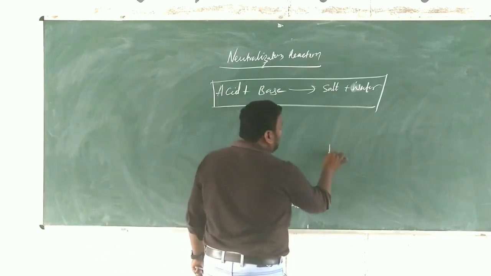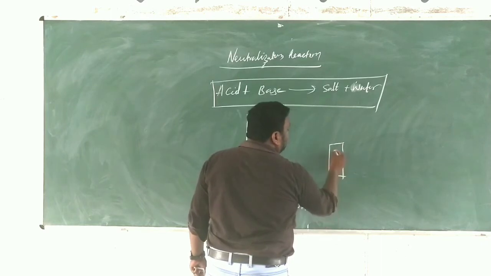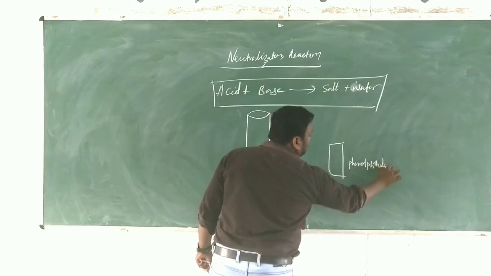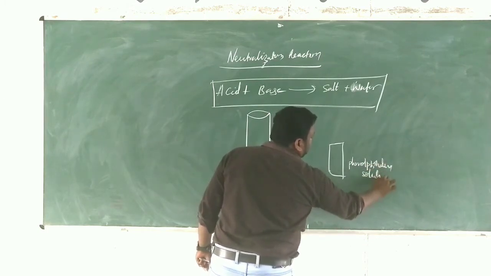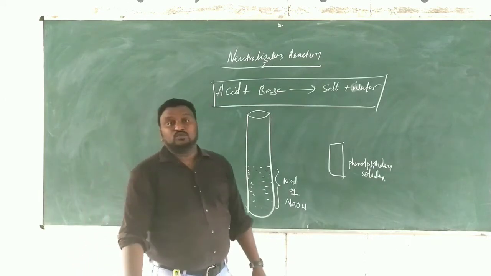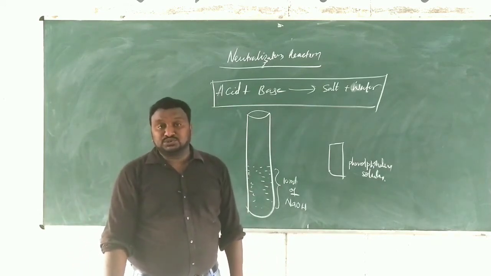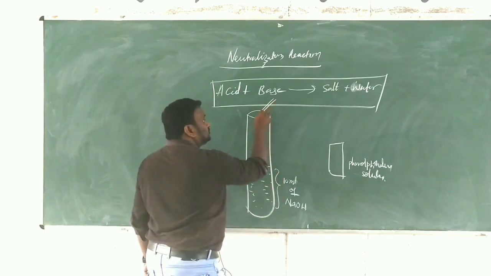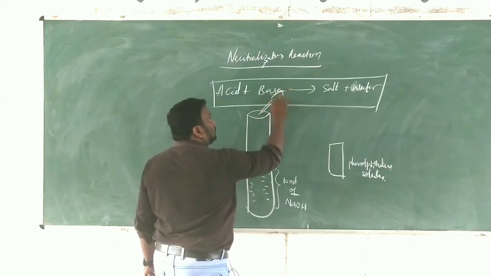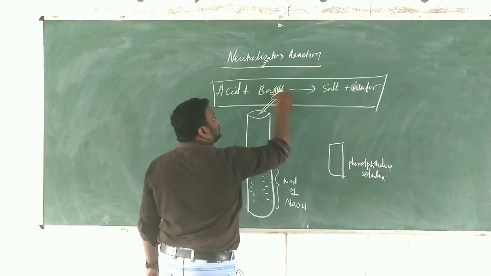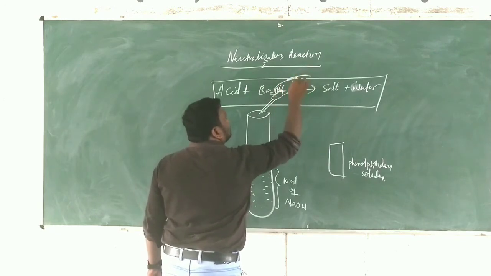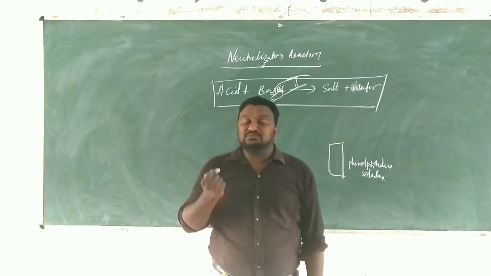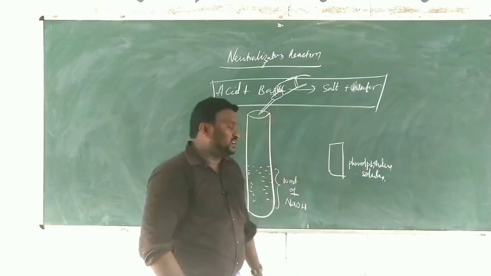After that we have to take some phenolphthalein indicator solution, and add a few drops of phenolphthalein solution, drop by drop, into the test tube.